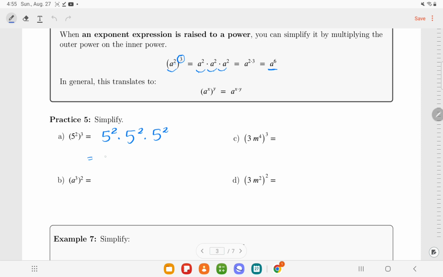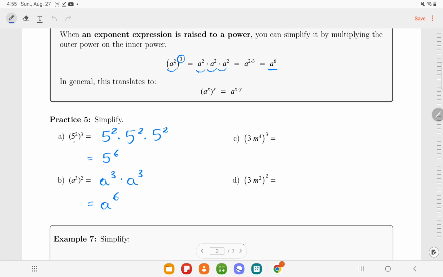We keep the base and we add the exponents. 2 plus 2 plus 2 is 6. A cubed, everything squared, means a cubed multiplied by a cubed. Once again, we keep the base, we add the exponents. 3 plus 3 is 6.